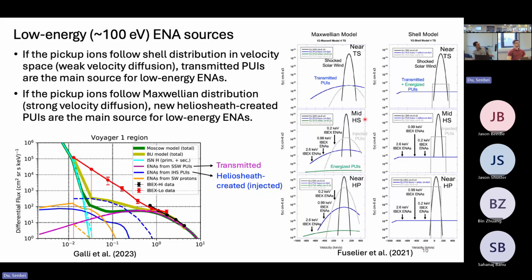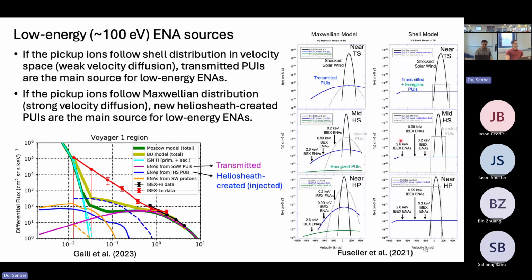If we assume that pickup ions follow a shell distribution, on the right figures here, then the main source of ENAs are the transmitted pickup ions. That's because the cutoff energy for the injected pickup ions is lower than the ENA energies, so they are not contributing to the ENAs essentially.